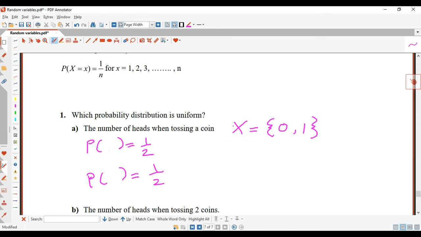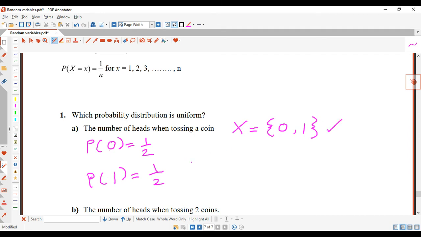So what I should be writing down is the probability of 0 heads is 1/2, and the probability of 1 head is 1/2. I know you could write down P of heads and P of tails as well. That's okay, but we've got to get used to using this notation.